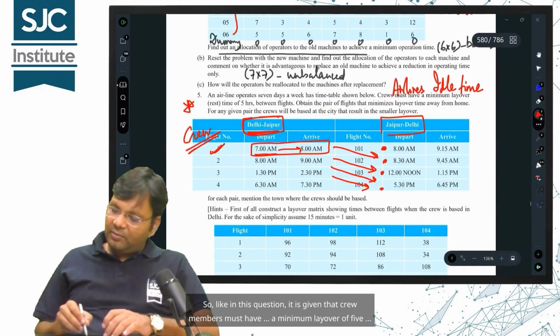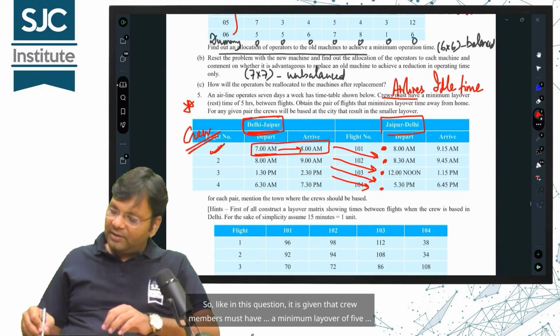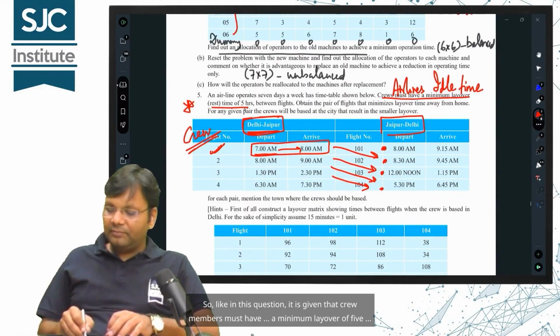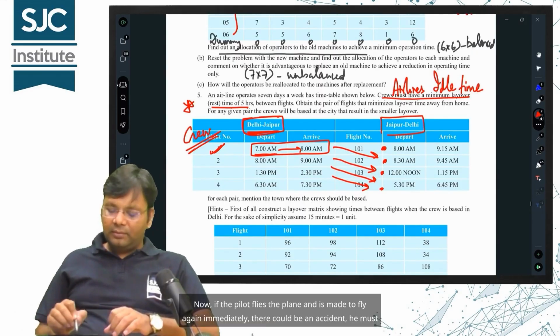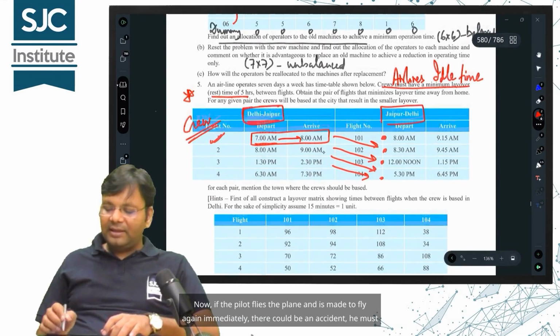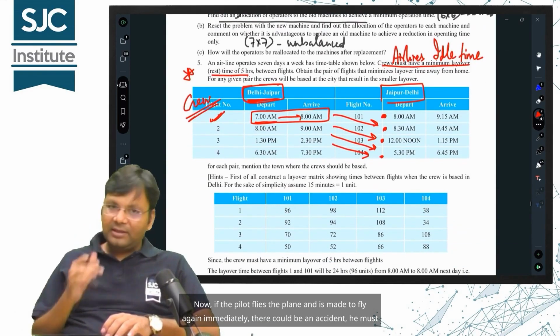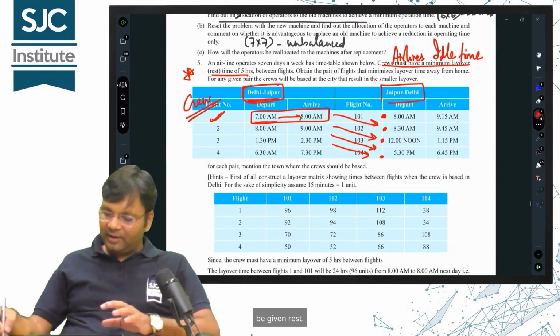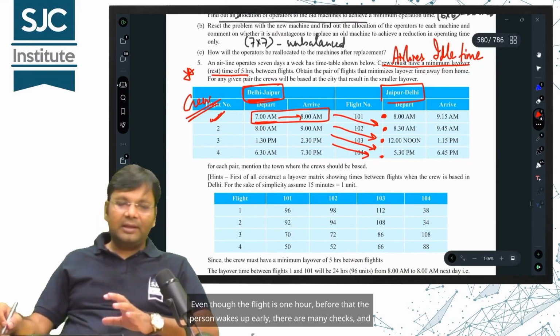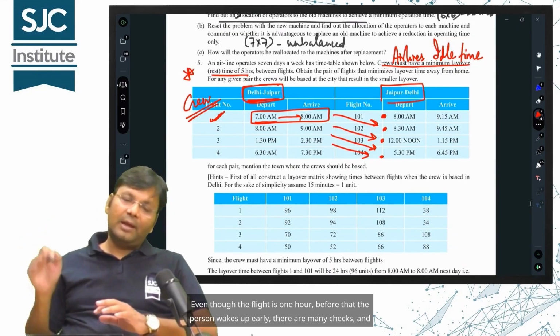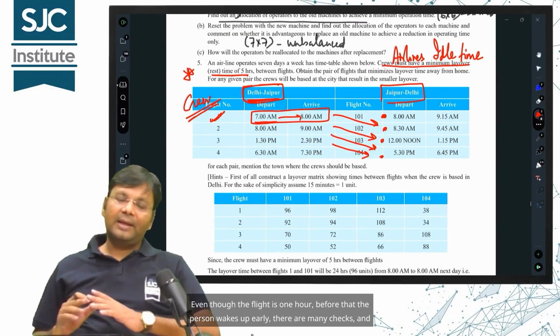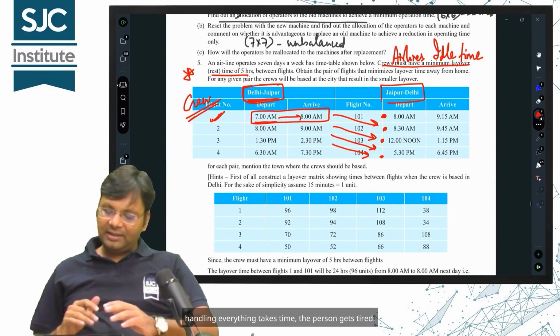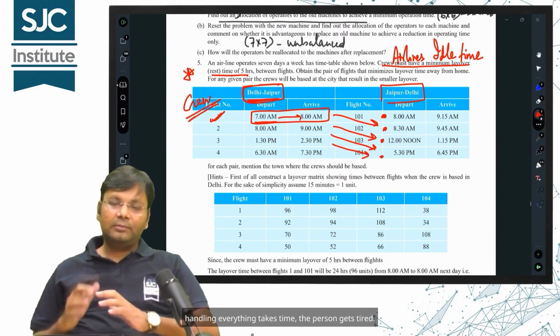So, like in this question, it is given that crew members must have a minimum layover of 5 hours. Now, if the pilot flies the plane and is made to fly again immediately, there could be an accident, he must be given rest. Even though the flight is 1 hour, before that the person wakes up early, there are many checks, and handling everything takes time, the person gets tired.